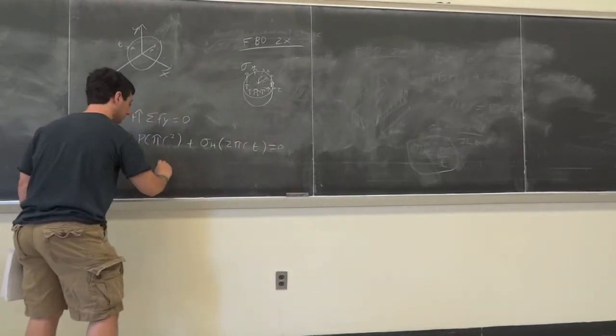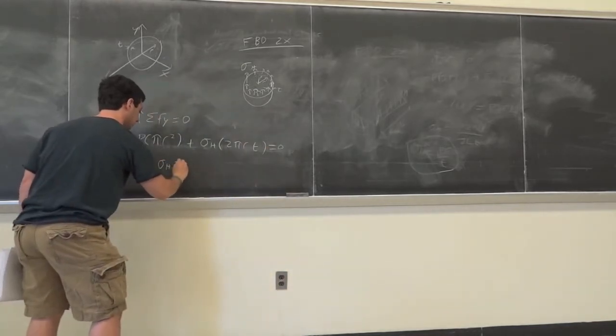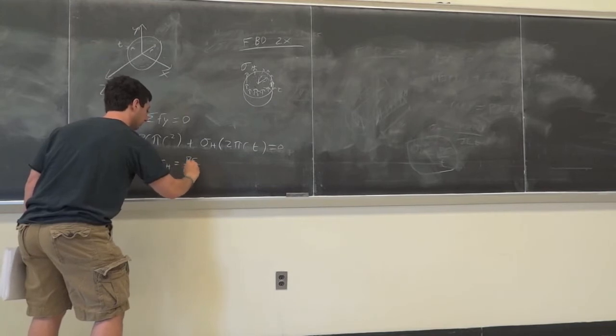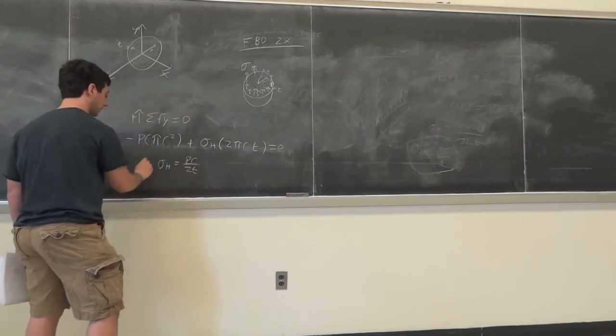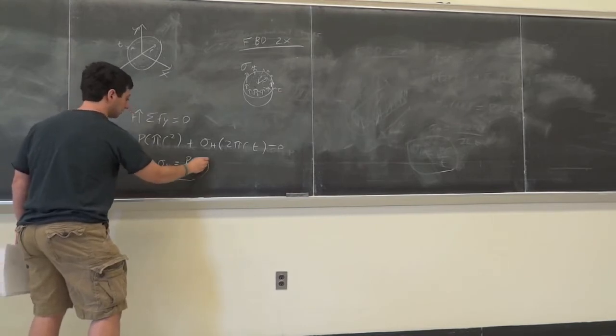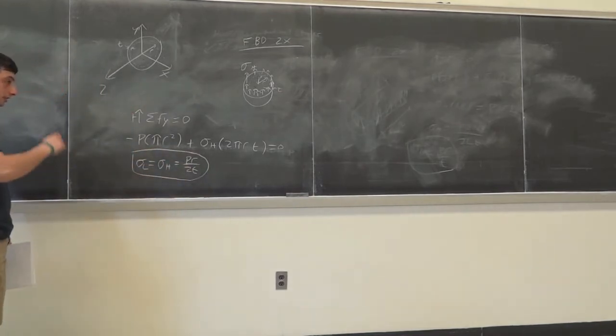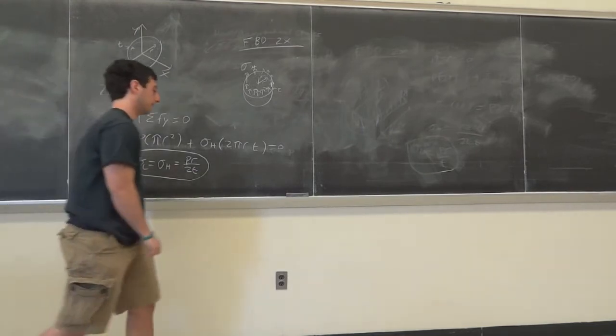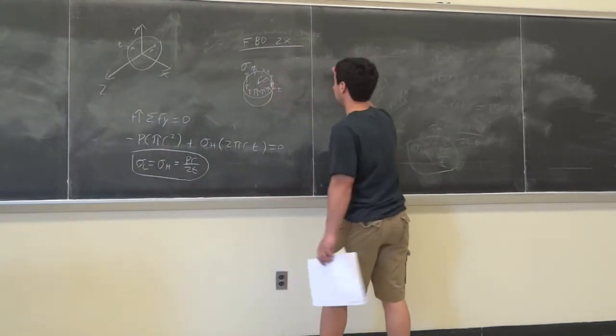So, in conclusion, you get sigma h is equal to P R over 2t. And that's also equal to sigma L, the longitudinal stress. Okay, so that's your formula for the pressure vessels. That's where it comes from. That was pretty easy.